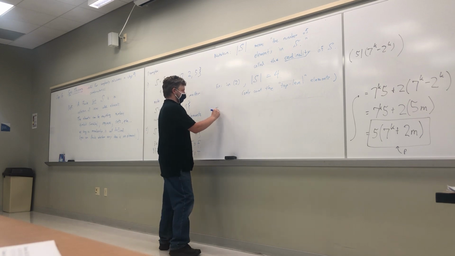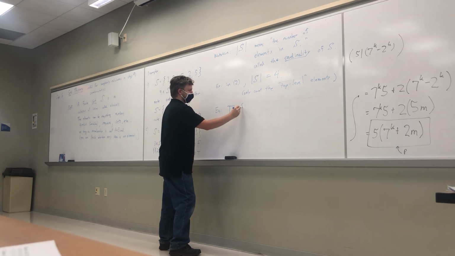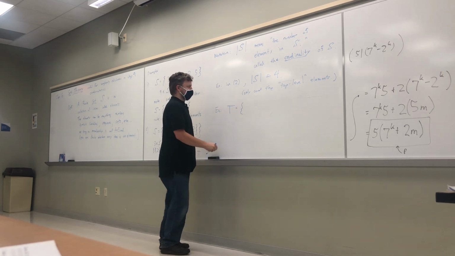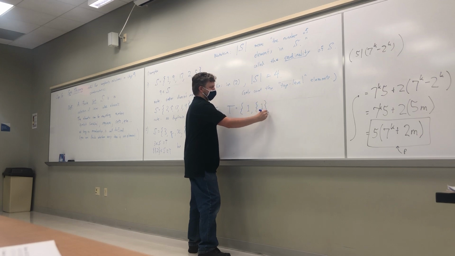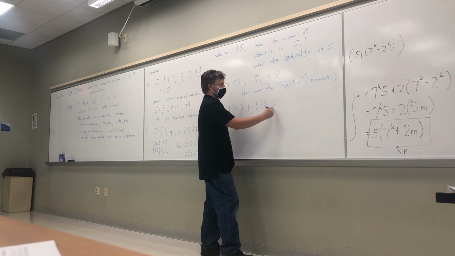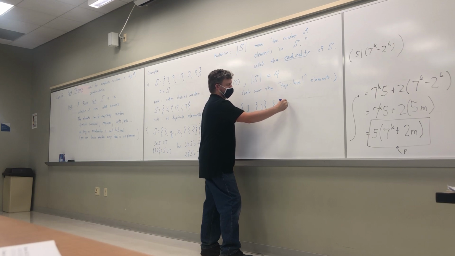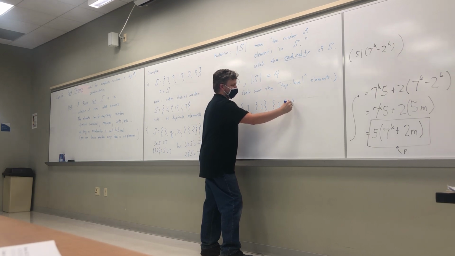Let's see some more examples. I'll call it something else for once. T is equal to the number 1, the set of the number 1, and the set of the set of the number 1.